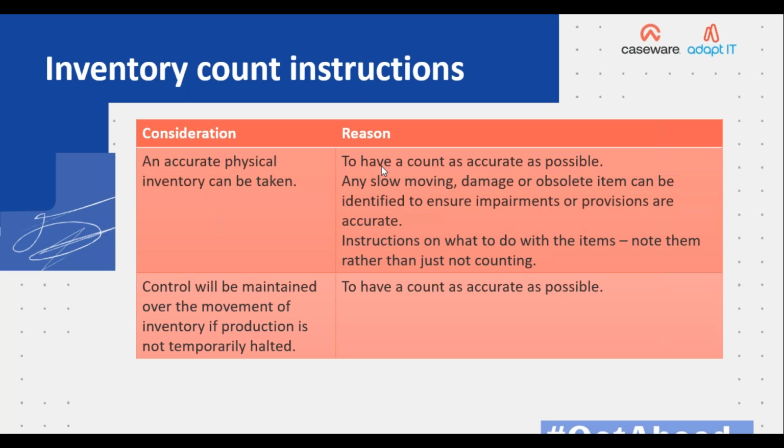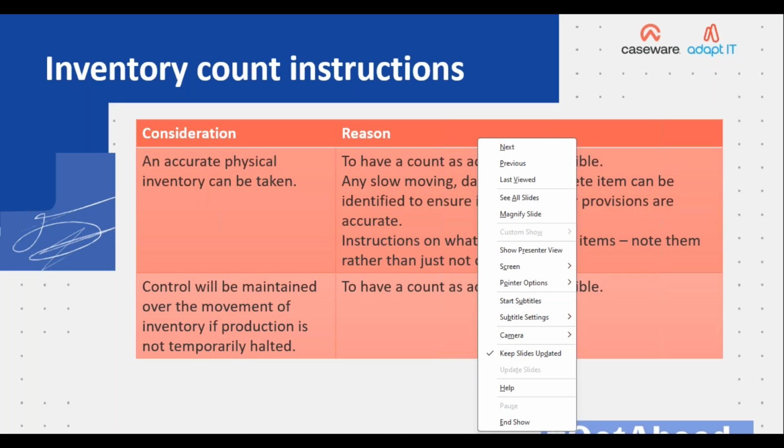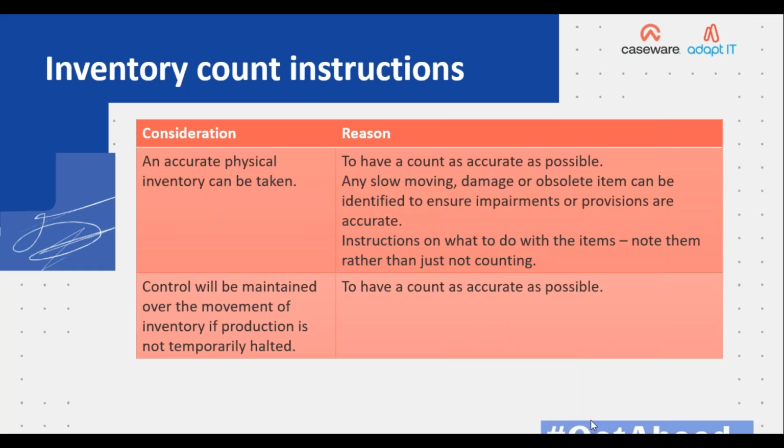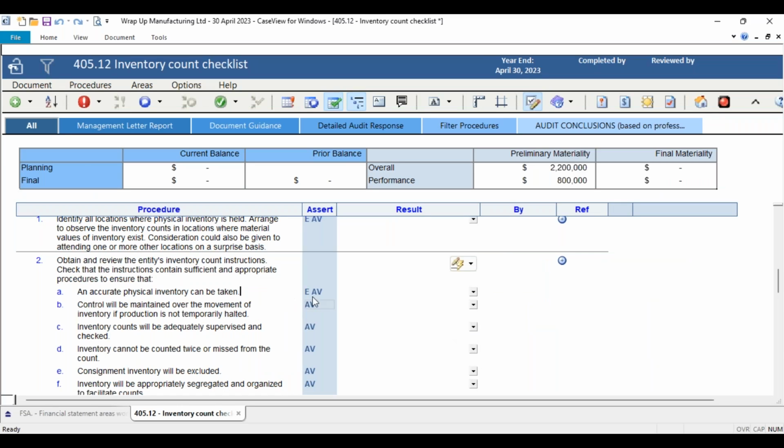And if you look at your audit procedures, once again, I'm jumping back to the screen because I don't have 2 screens, so I have to jump back again. The assertions being tested here are existence, accuracy, and valuation.